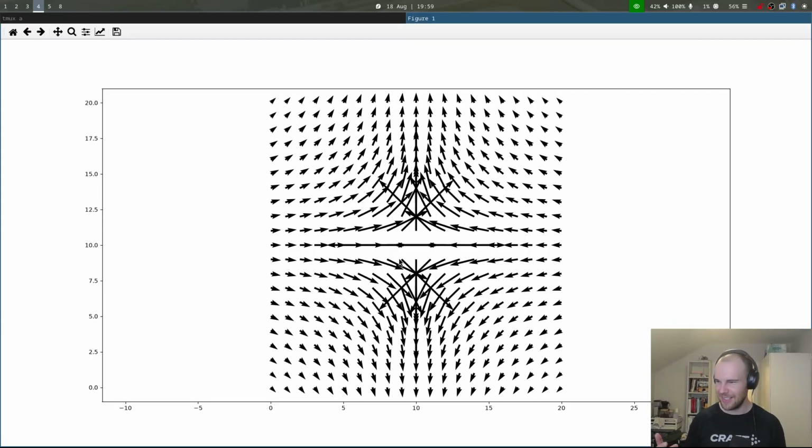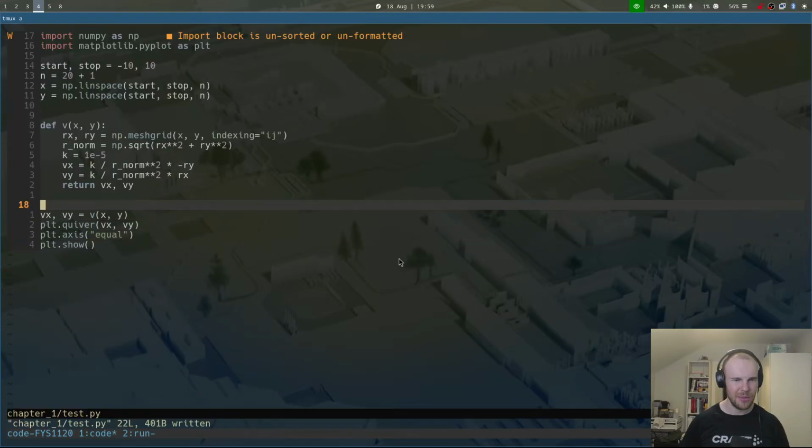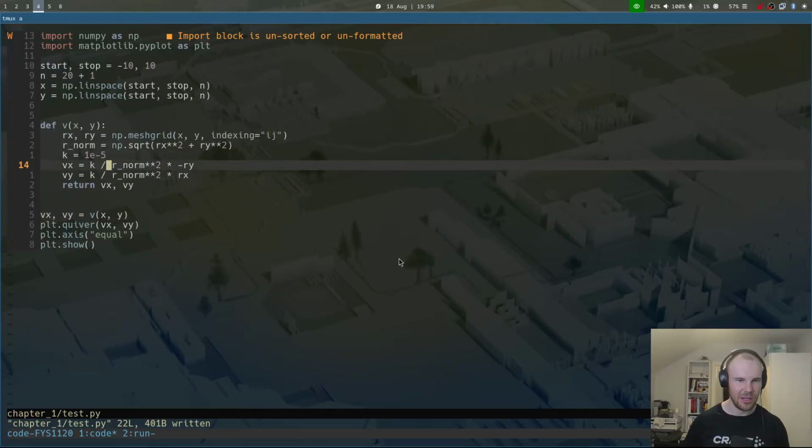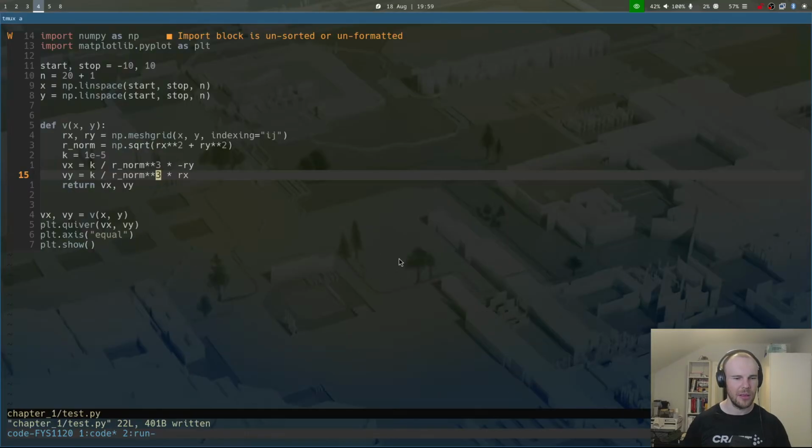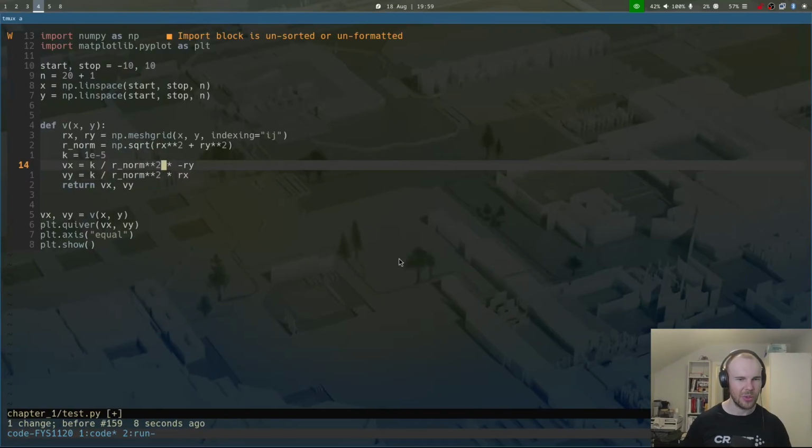Now what did I have? r cubed maybe? Because I have the vectors there, I don't have the unit, so maybe I need r cubed. Either that or, oh, I'm a moron. No, it was not that. Okay, let's see.